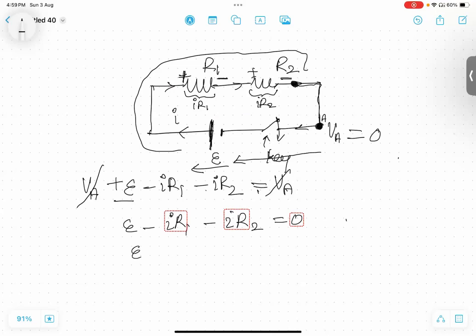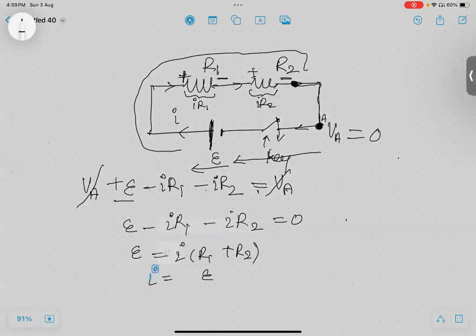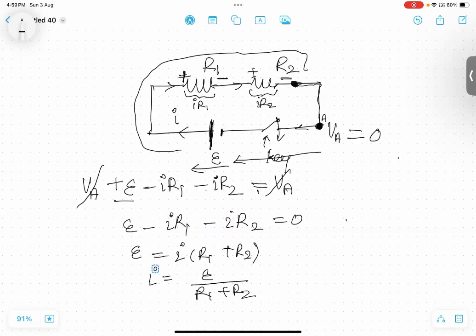Now I will solve this for the value of current, because the purpose of the question was to find the value of current. The value of I came out equal to E divided by R1 plus R2, and we have got the value of current. Now the question might not be that simple in the exams. They might ask what is the potential drop across resistance R1.